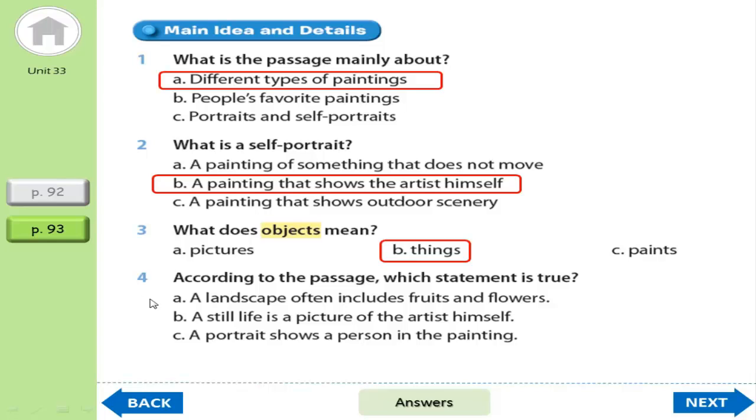Which one do you think is the correct answer?